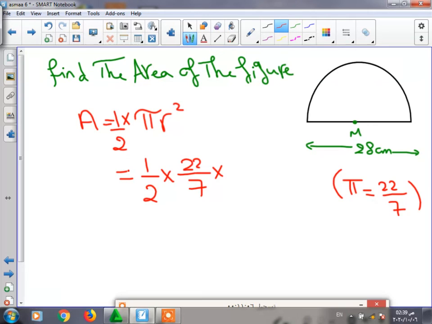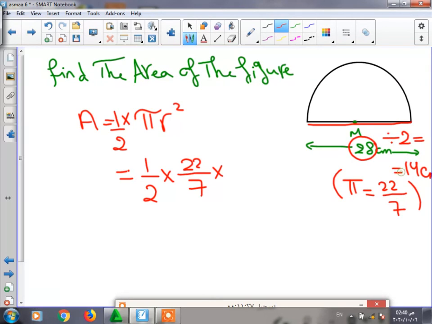Do we have the radius length here? No, we have the length of the whole diameter. But I want just its radius. So we will take this diameter divided by 2. So the value of the radius will be equal to 14 centimeters.